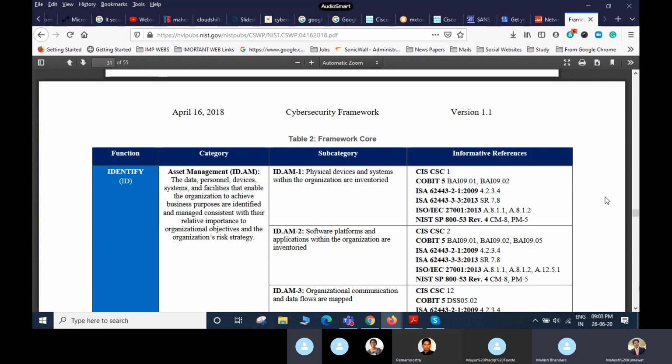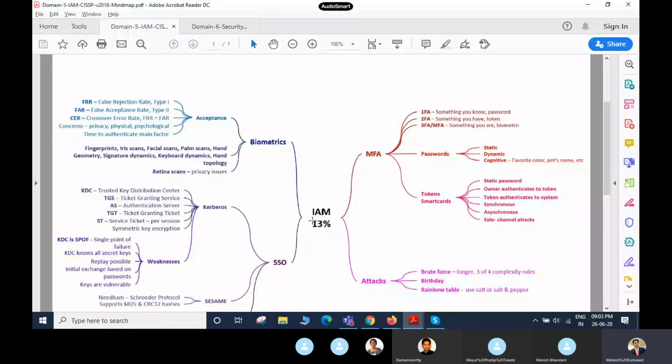It's visible. Okay. So guys, the matter of fact is how do you identify it? Because we are talking about right now, you guys need to understand the IAM, Identity and Access Management. So biometrics, multi-factor authentication, different types of attacks, different types of SSO, single sign-on. So in modern times, once you go for an interview anywhere in cyber security, they are going to ask you questions 100% about IAM.